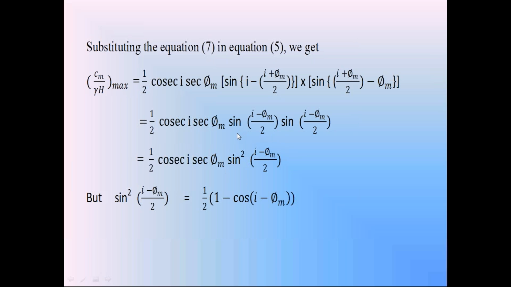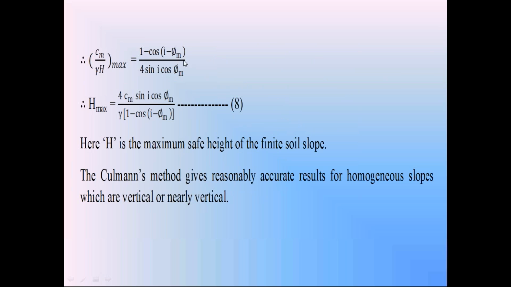Substitute that here. Now, in this right hand side, cosecant i is 1 by sin i, secant phi m is 1 by cos phi m, and half into half is 1 by 4. So this right hand side, due to the substitution, changes as Cm by gamma h maximum is equal to (1 minus cos (i minus phi m)) divided by 4 into sin i into cos phi m.